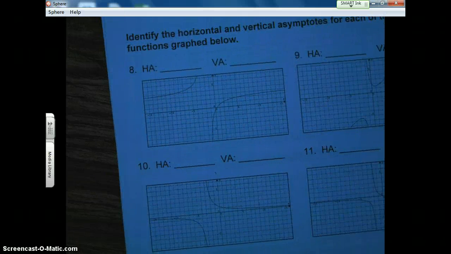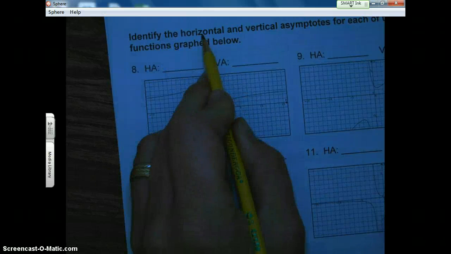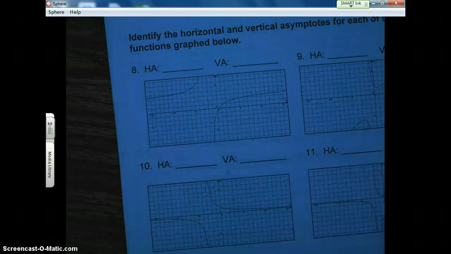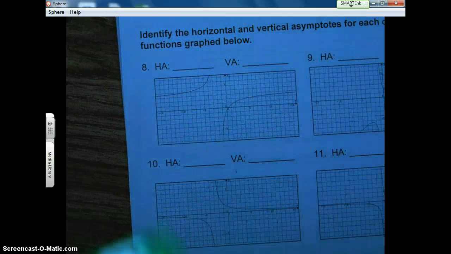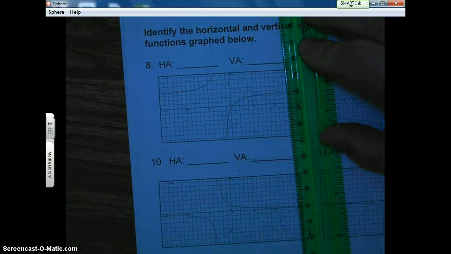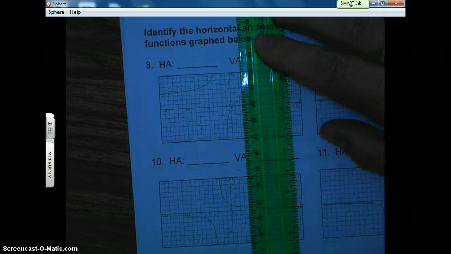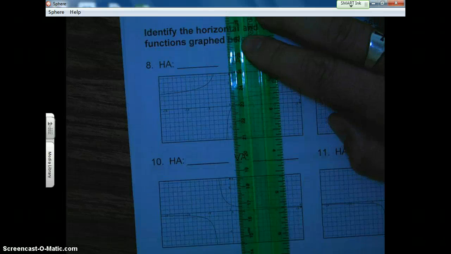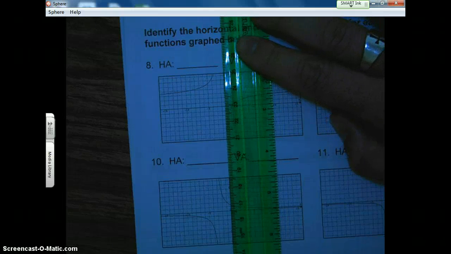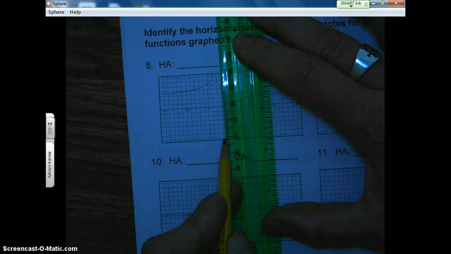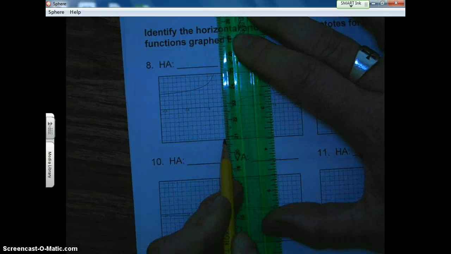Let's do one of these. Identify the horizontal and vertical asymptotes for each of the rational functions graphed below. Okay, so I'm going to do my vertical first. I'm going to go along here until I come to right in between.